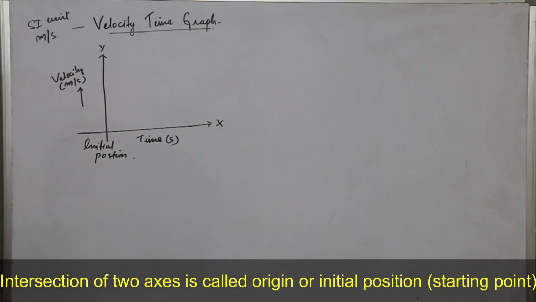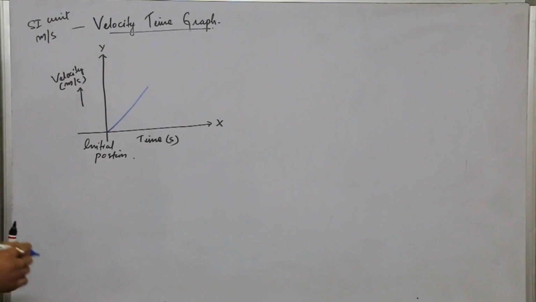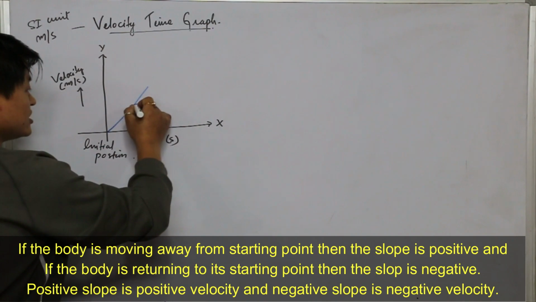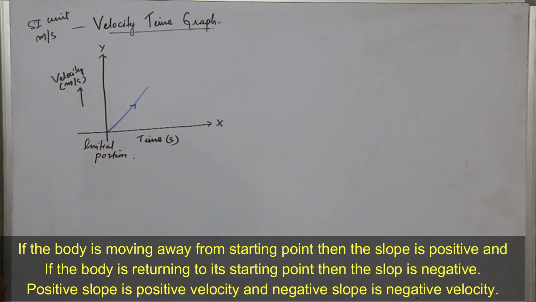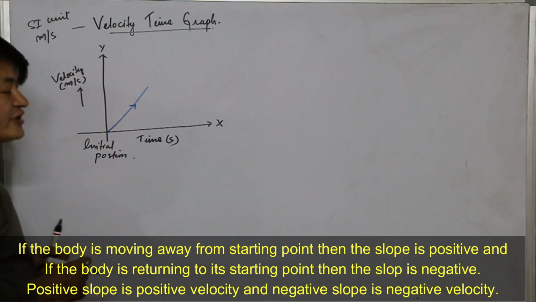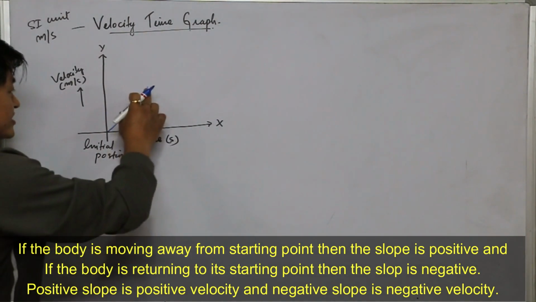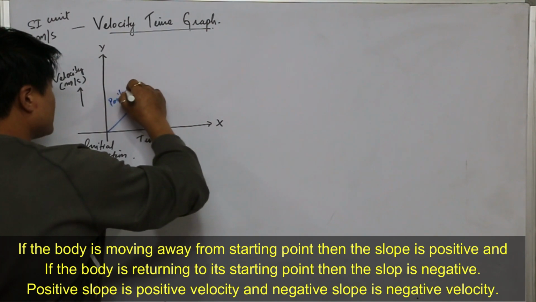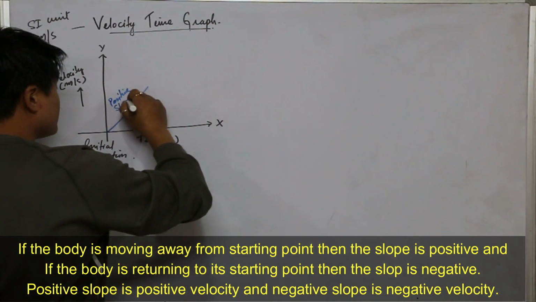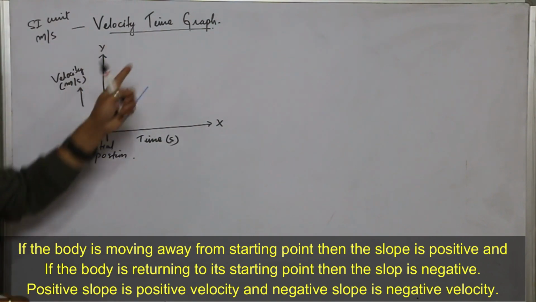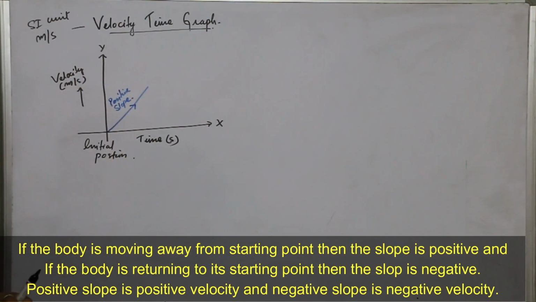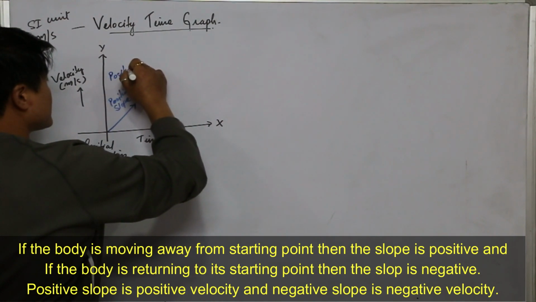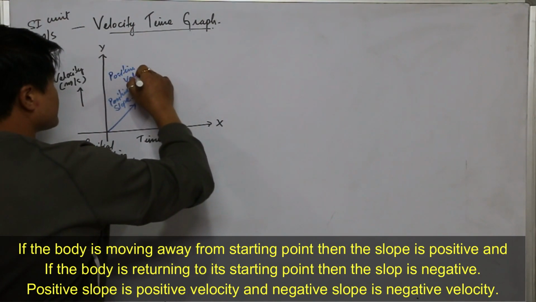Okay. And previously we have done when the body is moving away from its initial position in a particular direction, this will determine the velocity. Okay, and this slope is considered as positive slope. And as per velocity time graph, this is the positive velocity.